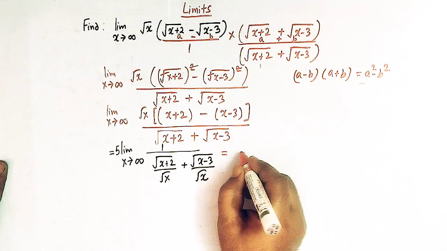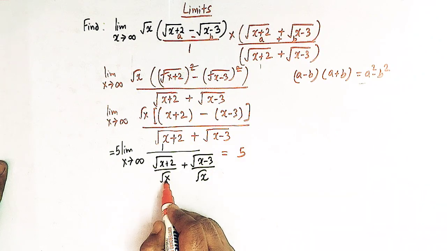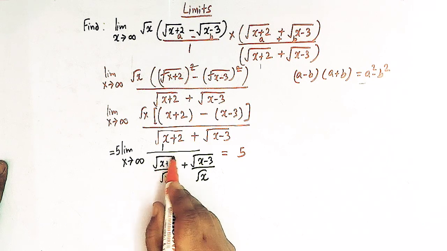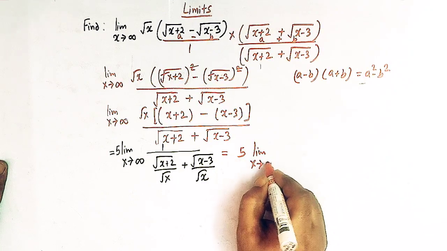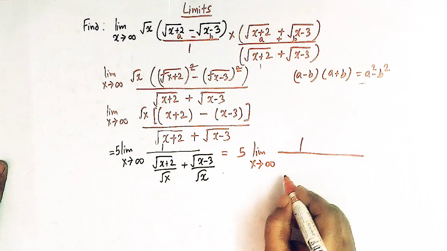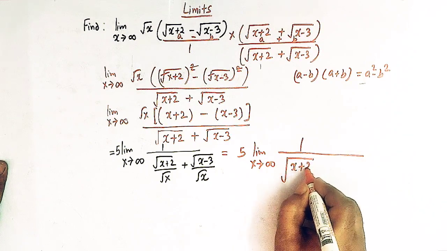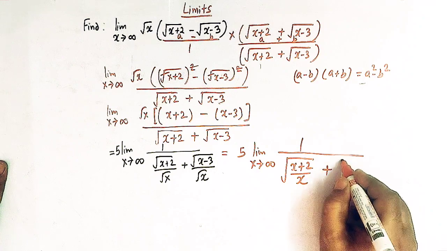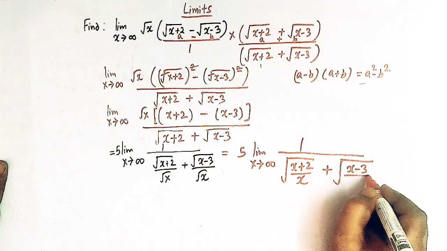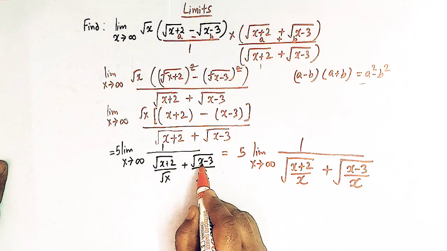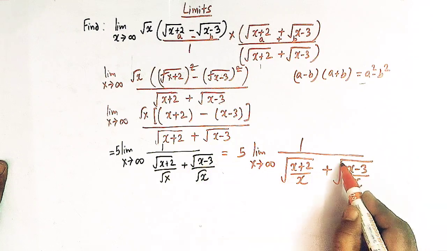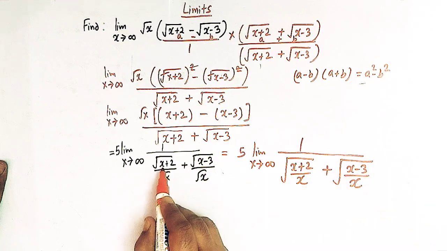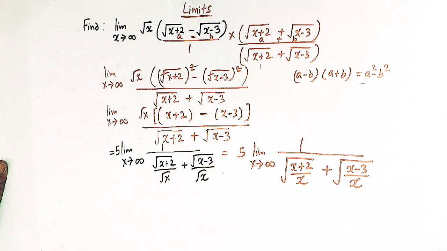Let us combine x plus 2 and x under the radical sign. So we have 5 times limit x tends to infinity of 1 over square root of (x plus 2) over x, and also (x minus 3) over x. Similarly, we combine x minus 3 and x under one square root sign.